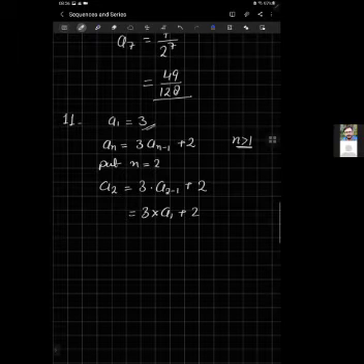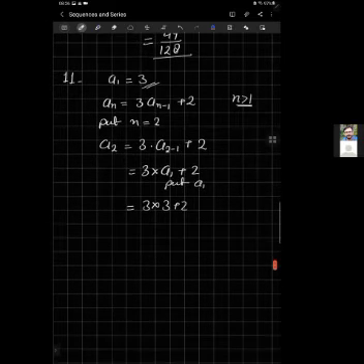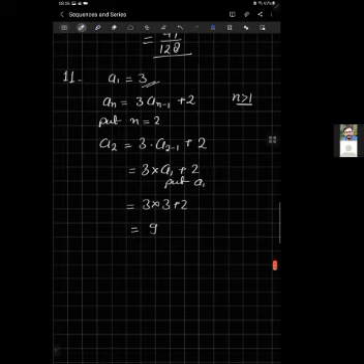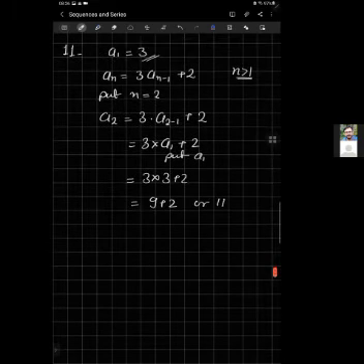And the value of a1 is 3. So 3 into 3 plus 2, it will be 9 plus 2, or 11. We need to calculate 5 terms. Again, I'm calculating 3 with that. You will be able to understand it.